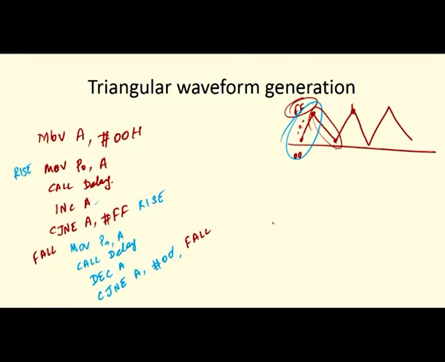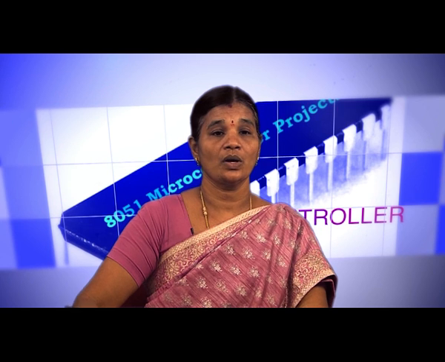So, what will happen now? From FF to 00 it is decremented. If you want to repeat this same thing, then here you have to give a short jump to the starting line, the label again or repeat.